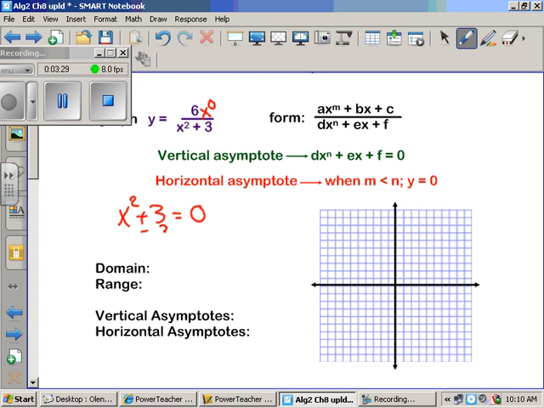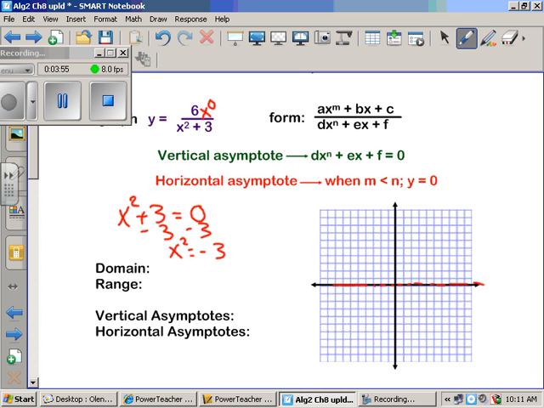Subtract 3. So I get x squared is equal to negative 3. Is that possible? No. So this one doesn't have a vertical asymptote. It only has a horizontal asymptote at 0.